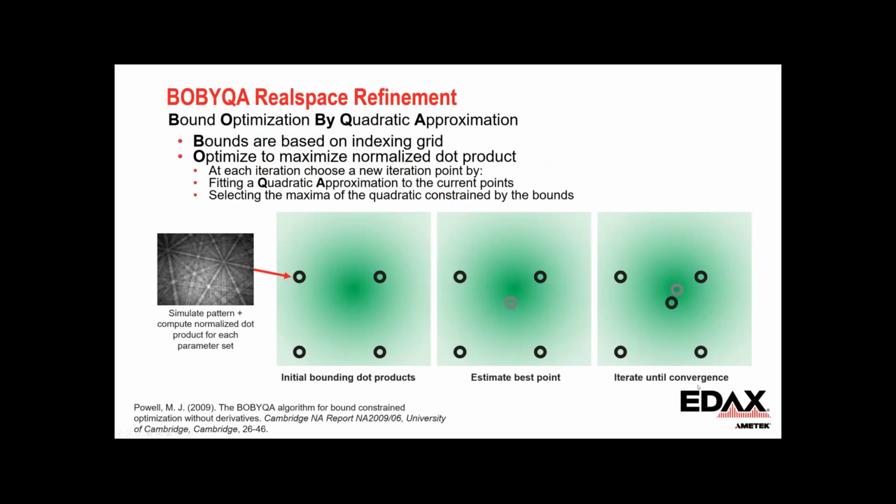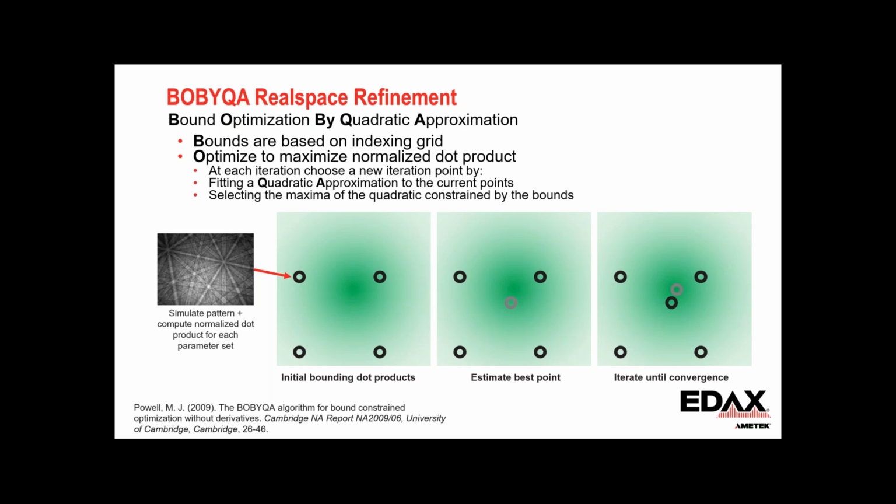So the way that this is done in EMSoft is with this BOBQA algorithm, and the idea is that basically you use the points that you have already evaluated your forward model at, fit a quadratic around them, and it would be in 3 or 6 dimensions instead of 2 for the 3 degrees of orientation freedom and 3 degrees of pattern center freedom.